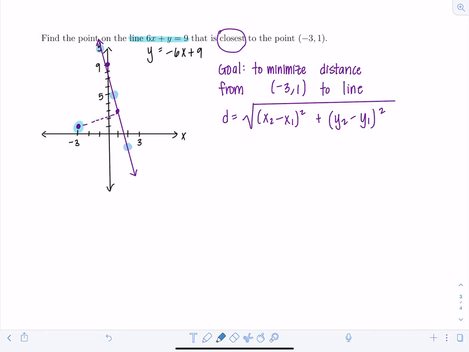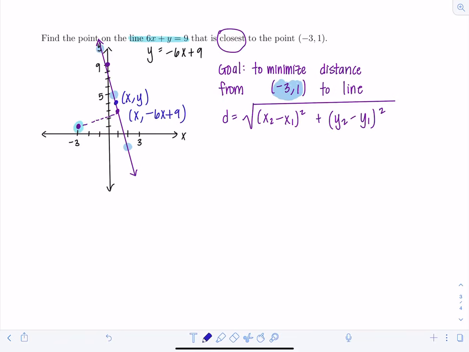Well, I know I can use -3, 1 for one of my ordered pairs. What about the other one? Well, I don't know what point on the line is going to be the closest. It's some arbitrary x, y. But since I know it lies on the line, I can express that ordered pair as x comma -6x plus 9, right? Since it must satisfy the equation of the line.